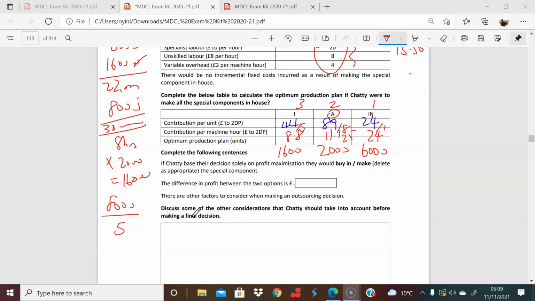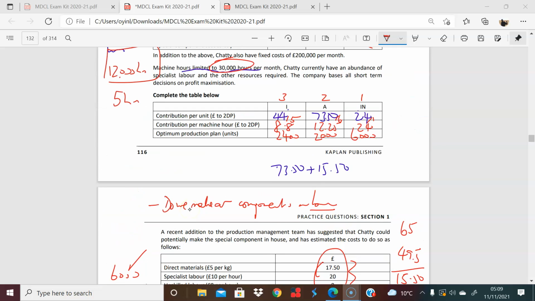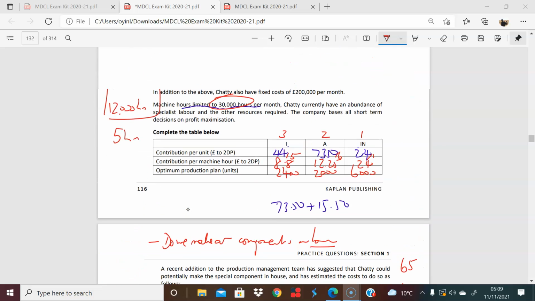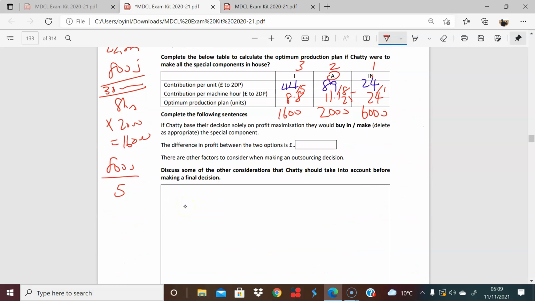The question wants us to now look at which gave us the greater profit. So let's just work it. We're literally saying that if we go with option 1, these are the optimal units. I'll do it in this space over here and rub this out later.